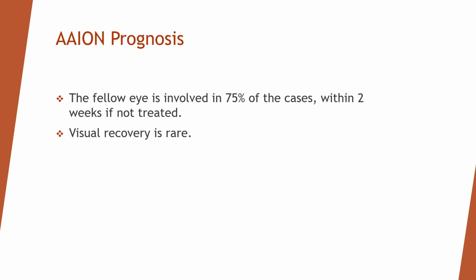The visual recovery is rare, and the treatment will hopefully prevent the progression of the visual impairment. And the fellow eye is also involved in 75%, 3/4 of the cases, and if not treated, as quick as within 2 weeks.